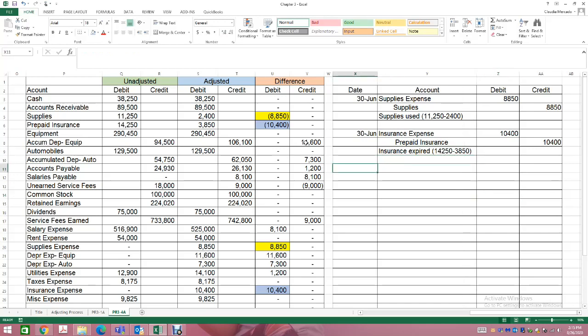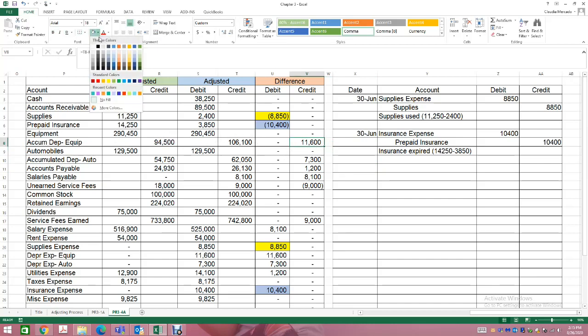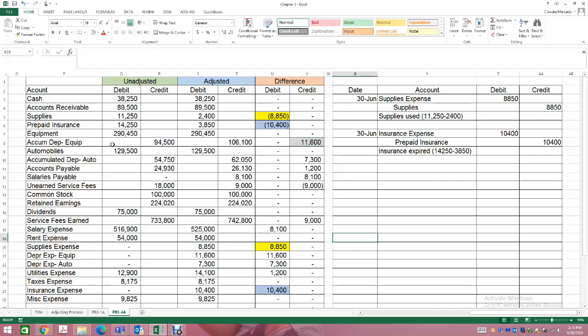Okay, the next one we have is accumulated depreciation equipment. My accumulated depreciation increased. We went from $94,500 to $106,100, so my balance increased. Your accumulated depreciation equipment increased by $11,600.